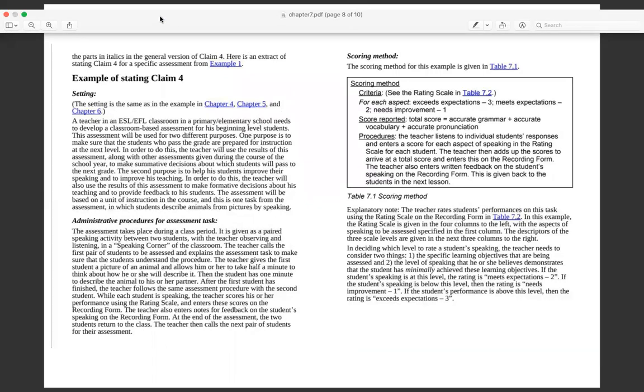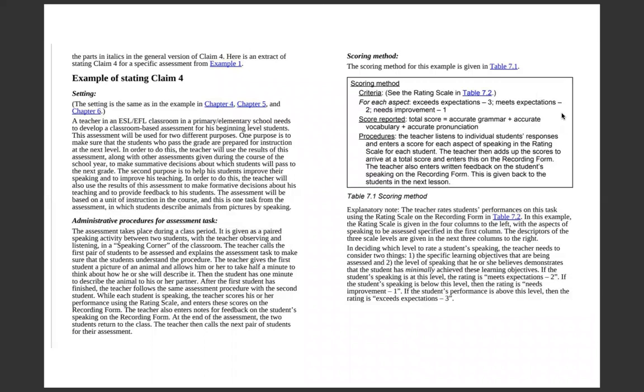Yeah, the author is giving us the same example that we saw in chapter 4 and chapter 5 and chapter 6. So it's basically the same setting, the same assessment task.